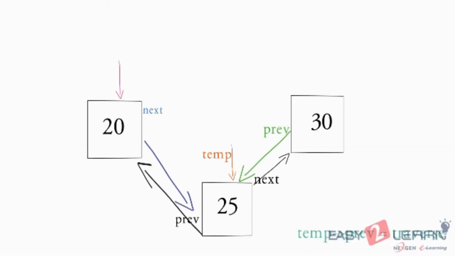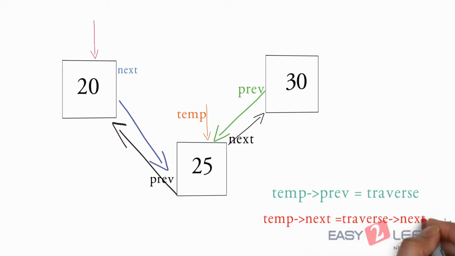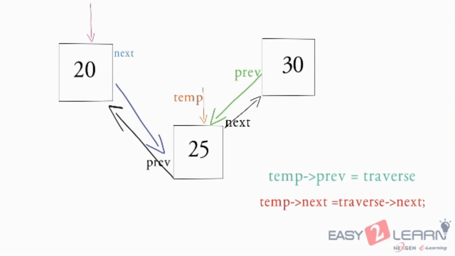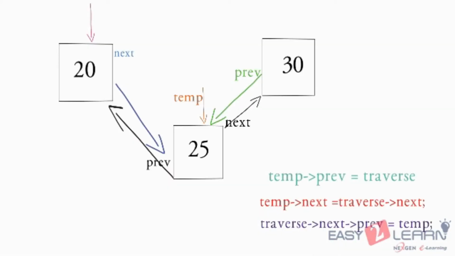The previous pointer of temp should point towards the traverse, because the traverse is at 20. Now the next pointer of temp should point to traverse of next. So 25 should point towards 30 and the previous of 25 should point to 20. Now the remaining two things. Traverse of next of previous.